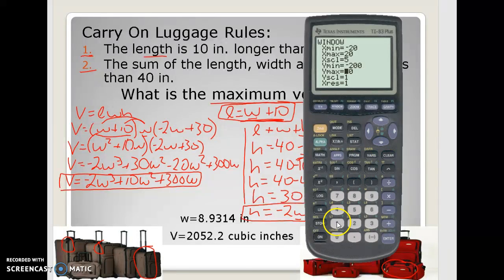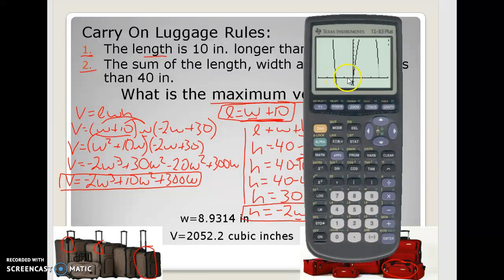I want to put in a pretty big number for the maximum, so I'm going to make it 1,000. I might have to change this later on, and that might be more than 1,000. We'll see in a little bit. I'm going to make my scale be 100. And so now when I graph this, see what we have.